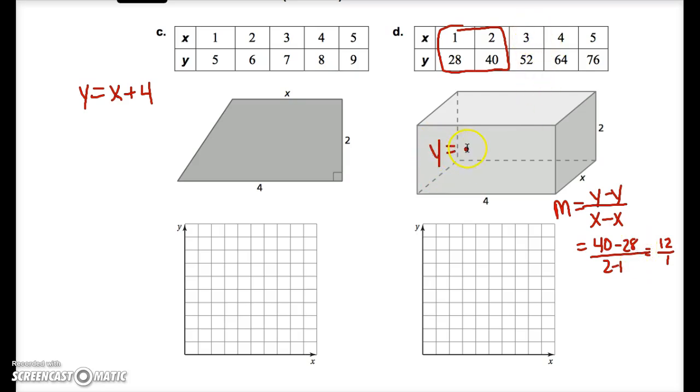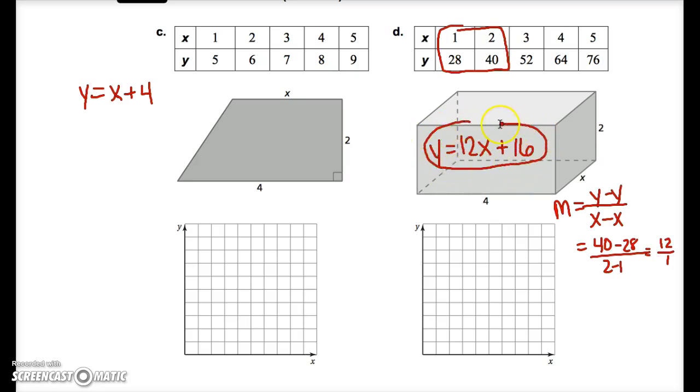So I know that part of my equation is 12x, but 1 times 12 is not 28. So I know there's going to have to be something added on to that. So I just need to figure this out. 1 times 12 would get me to 12. How many would I have left over to get to 28? And that would be 16.